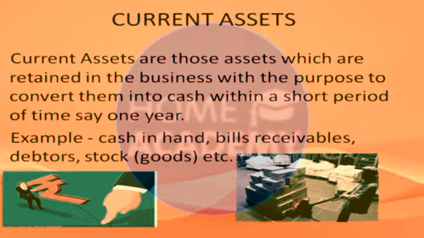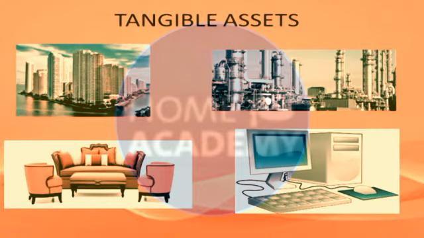So, these are the assets that are possessed by the business for a shorter duration like cash in hand, bank balance, debtors, stock, bills receivables, etc. So, these are some of the current assets. Then we talk about tangible assets. So, these are some of the examples of tangible assets: building, machinery, furniture, computer.